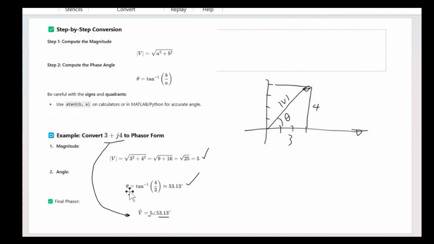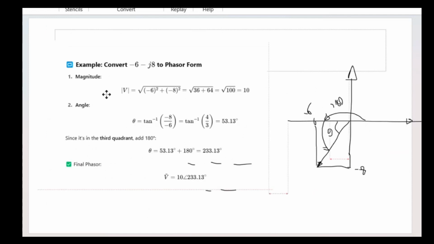And also the angle theta is the inverse tangent of 4 divided by 3, which is 53.13 degrees. And when we talk about the tangent, it's about this rectangle, 4 divided by 3. So based on these two values, the phasor format is very easy to show, with the magnitude of 5 and then the angle of 53.